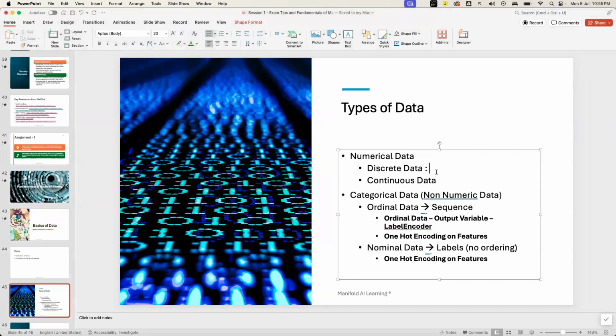In the majority of scenarios, when we talk about discrete data from the numerical standpoint, the key thing you need to remember is that it has countable elements.